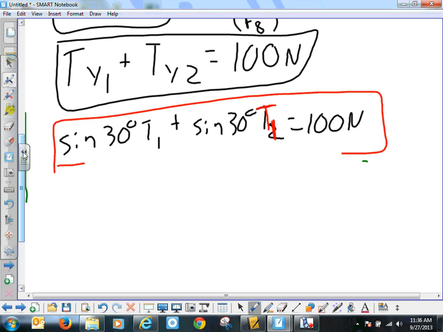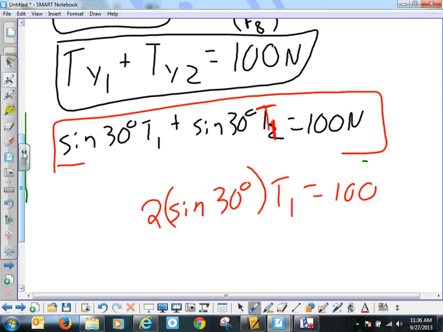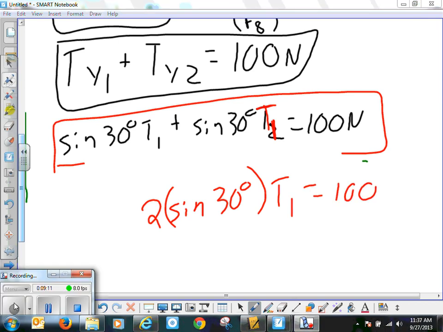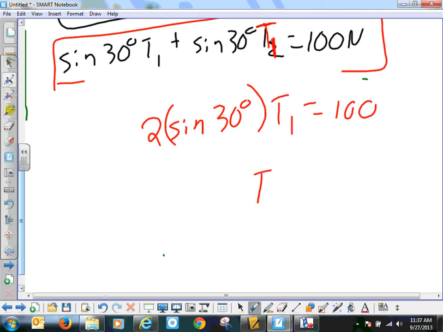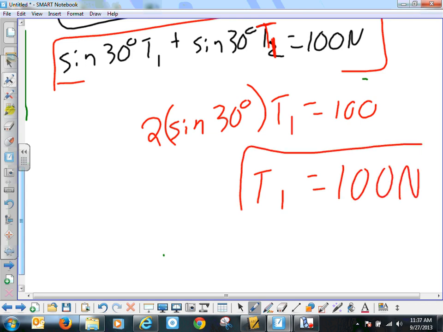So 2 sine 30 T1, or I'm sorry, T2s, or whatever, T1 equals 100. So then T1 solved for becomes 100, right? I believe so. I don't know. It seems too simple.